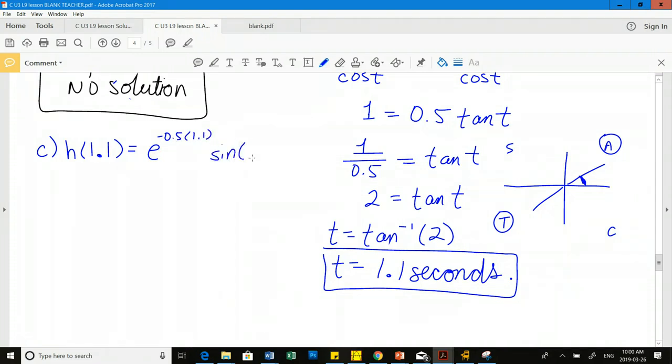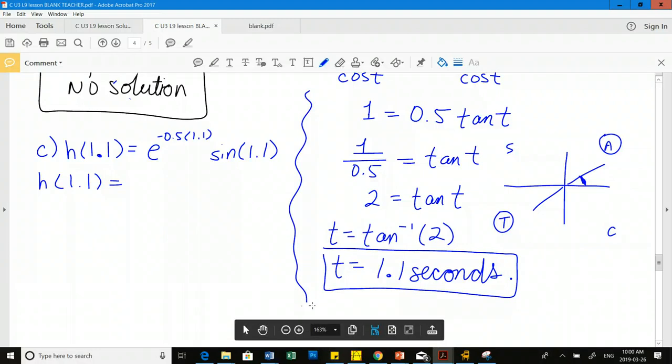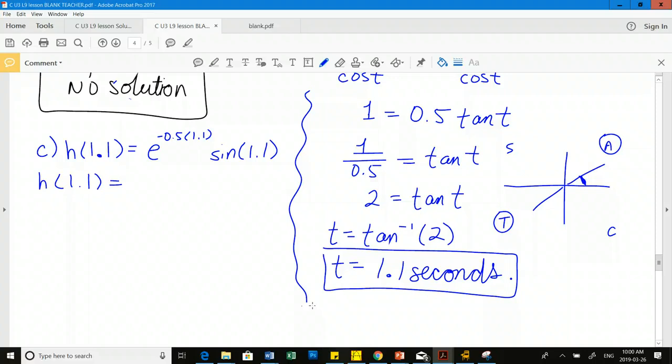Again, we want to make sure we're in radian mode so that when I evaluate the sine of 1.1, we get the correct answer. Okay, and you should get 0.514 meters.